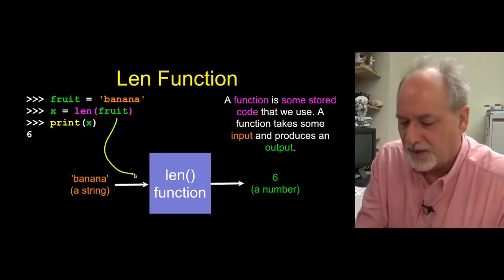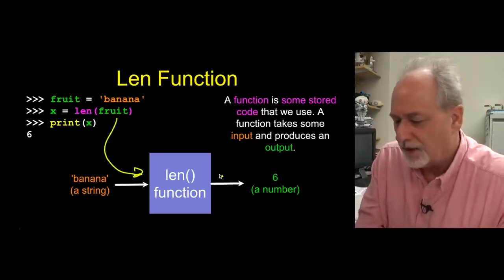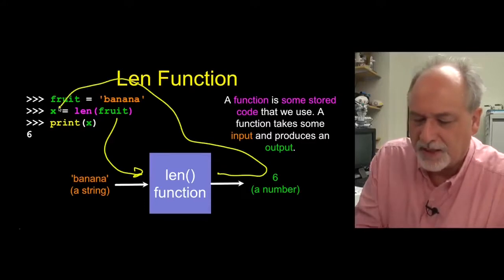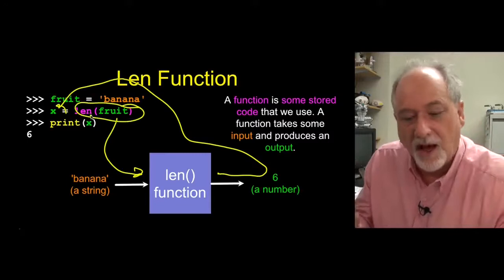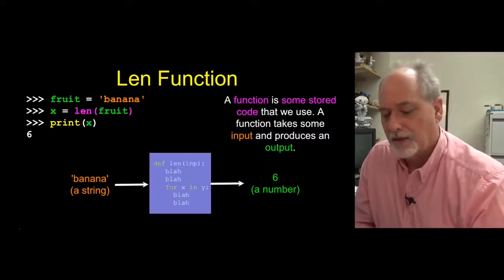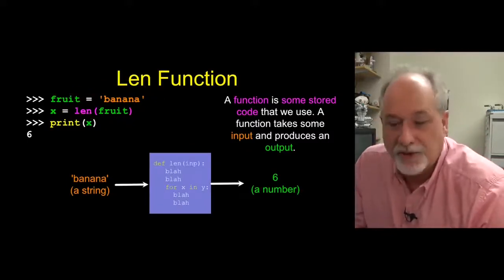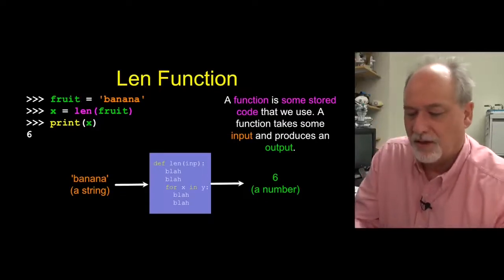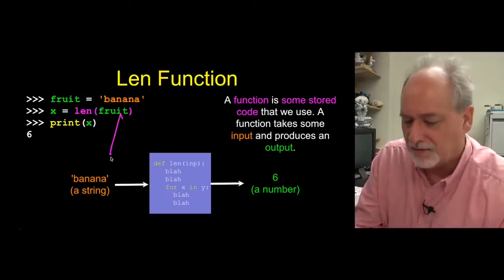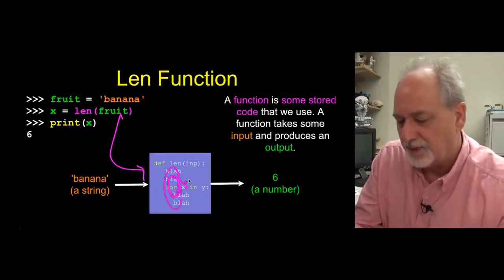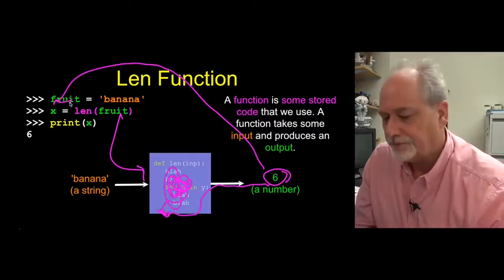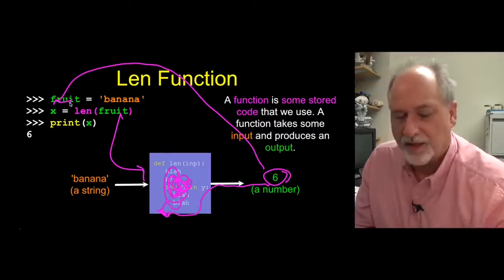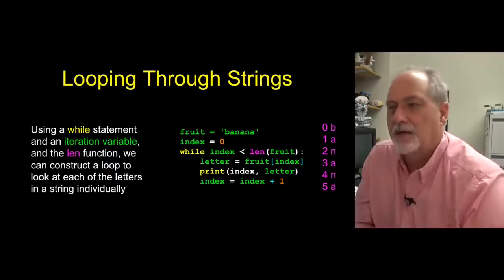You pass in a parameter, and then len does some work, and out comes 6, and that goes back into x, because the function has a return value. It just happens to be a built-in function. Somewhere deep inside Python there is code where somebody wrote a loop or looked something up and then returned a return value and sent back a 6 to go into our x variable. And so a function is there, and like I said, we've been using this for a while.